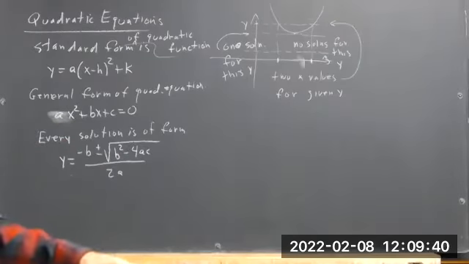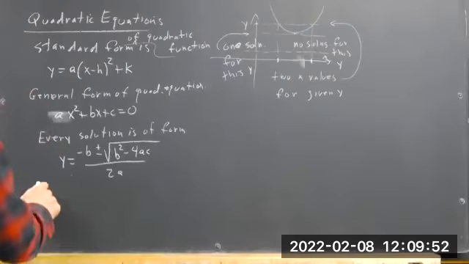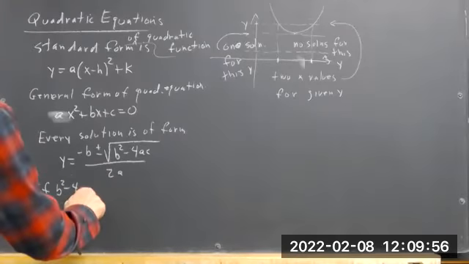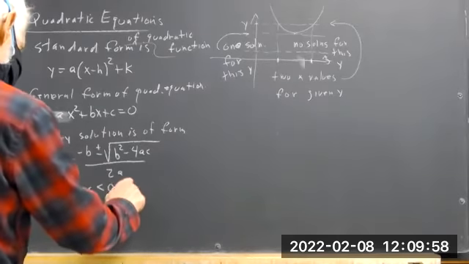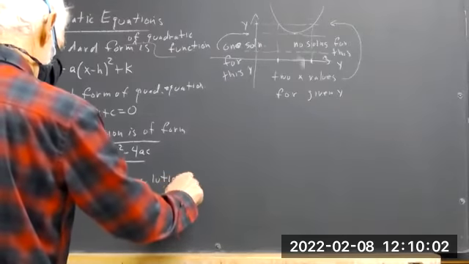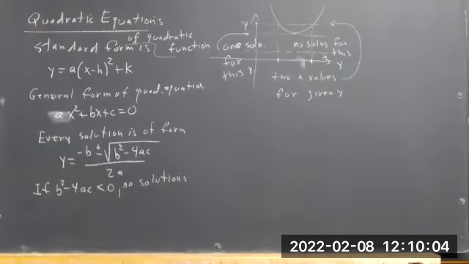You have to use complex numbers that we'll talk about later. So if b squared minus 4ac is negative, you don't have any solution, because you can't do the square root of a negative number. And we've been over that.